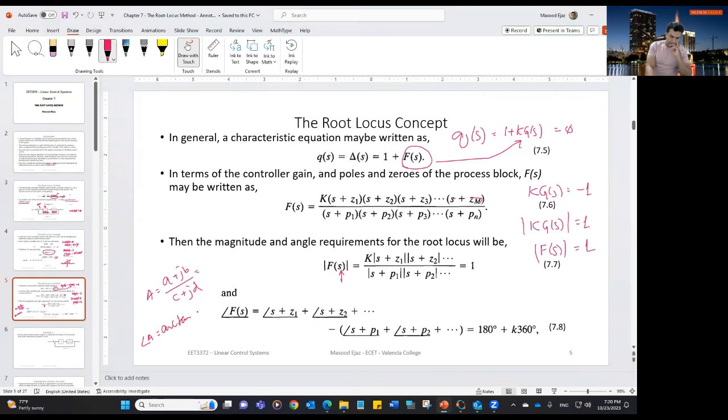Arctan of B over A is the phase of the numerator, and the phase of the denominator is arctangent of D over C. When you are calculating the phase of a fraction, you subtract the phase of the denominator from the phase of the numerator.